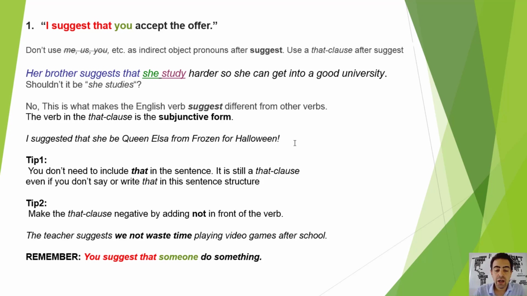Be careful, do not say the teacher suggests us not to waste time. It's totally wrong. So we say the negative form of a that clause with subjunctive form by adding just not after suggest. The teacher suggests we not waste time playing video games after school.